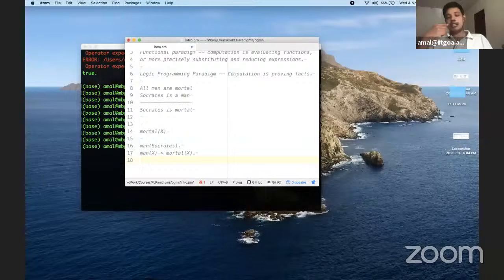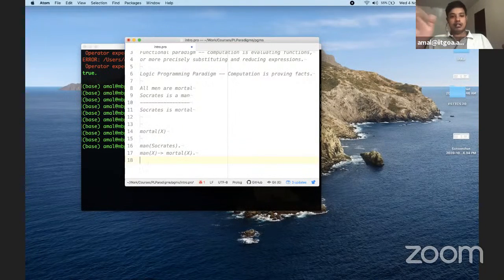Basically, what it says is that I have objects and I have relations. Here, an object is not in the object oriented paradigm sense. First order logic deals with objects and the relationships between them. So Socrates is one object, and man is a relation, a property of objects, being a man.